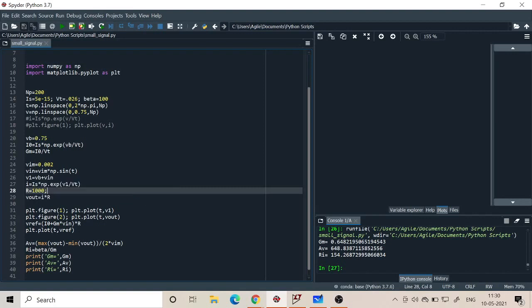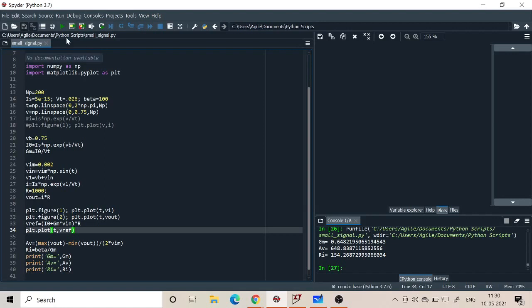So that I give to the exponential expression to get the collector current. Okay, so it varies with time. The small signal is varying with time. I am putting a load resistance of 1000 ohm or 1 kilo ohm, and my output voltage, only the magnitude I am showing here, is going to be I into that resistance. Okay, so then I am just plotting all this. So let me just run it.